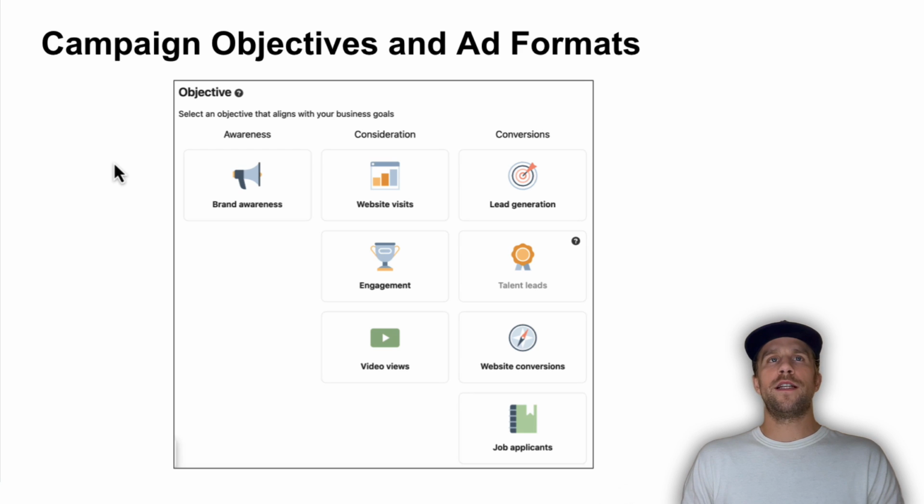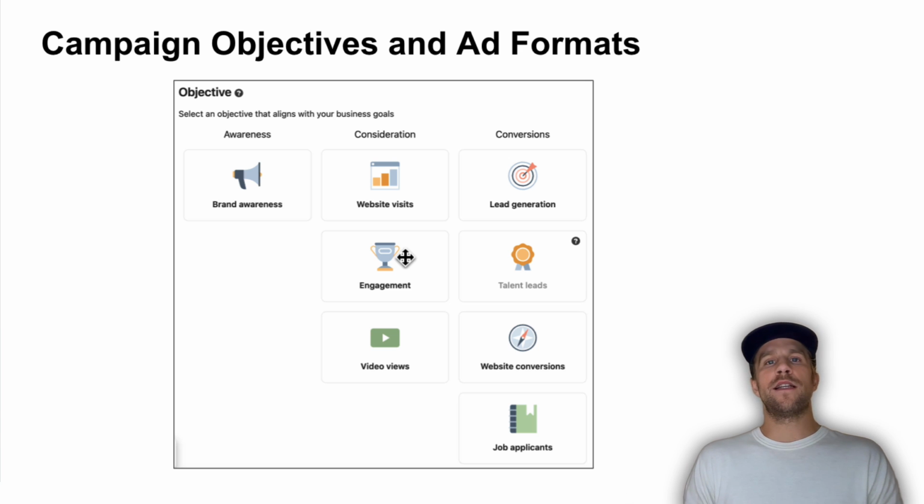Just to go over the different campaign objectives and ad formats, there are 8 different objectives within LinkedIn ads. There's awareness, consideration, and conversion. From my experience, most of the ones that I typically use are in the consideration phase, as well as the lead gen, which is in the conversion phase here. Website visits is going to optimize for getting people to visit your website.